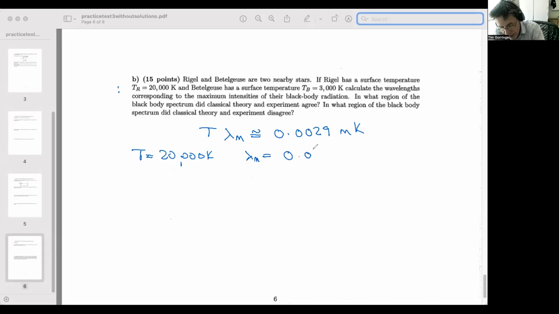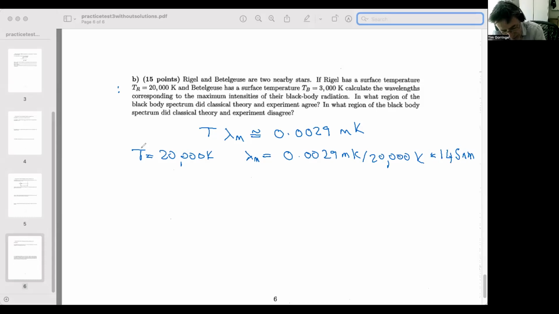The equation for that will be the constant 0.0029 meters Kelvin divided by the 20,000 degrees Kelvin. I've already calculated that. I got 145 nanometers. So that's a wavelength of ultraviolet light. It's shorter than the shortest wavelength of visible light, which is around 400 nanometers.